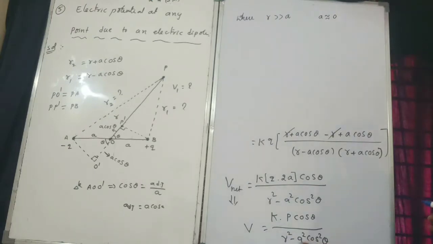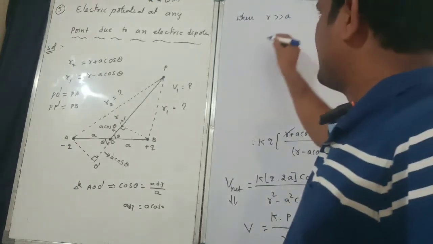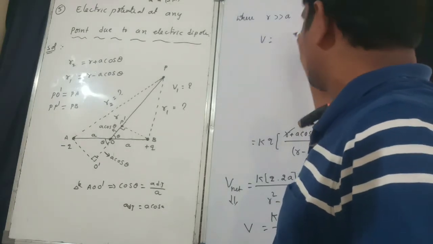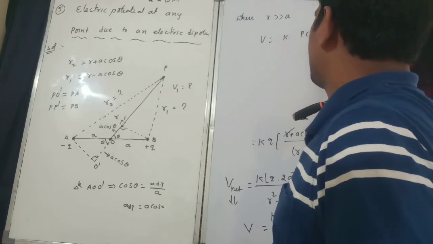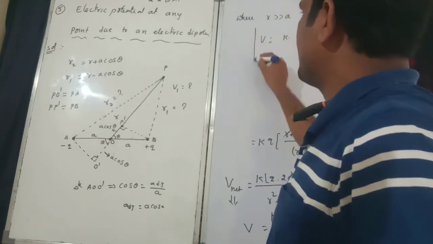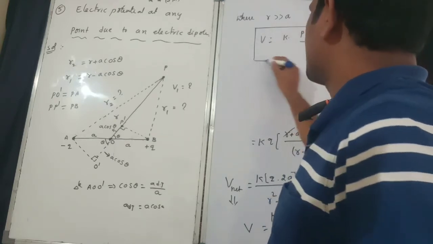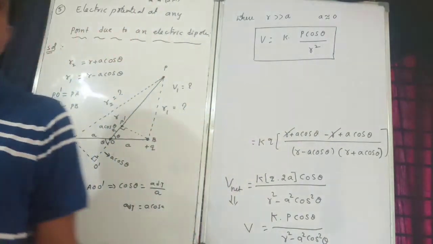So 0 into cos square theta is 0. So what happened? V is equal to K into P cos theta divided by R square. This is our finalized formula. That's it.